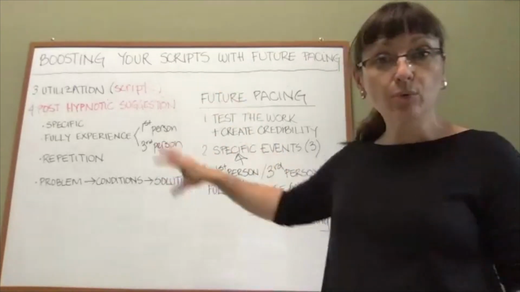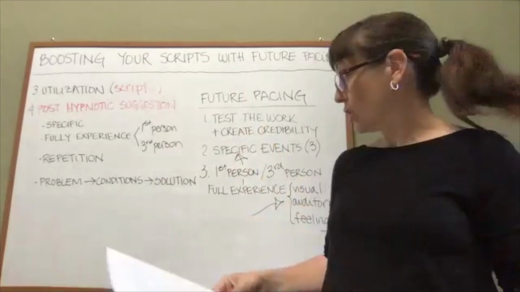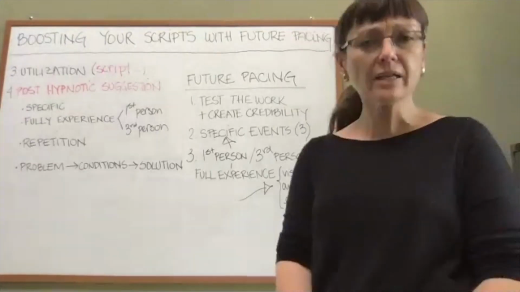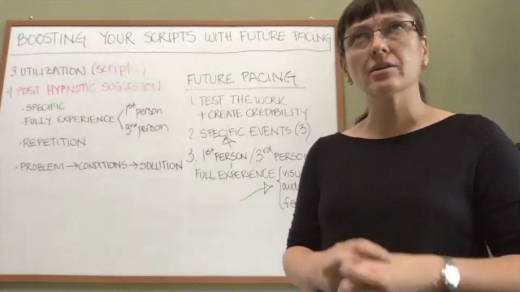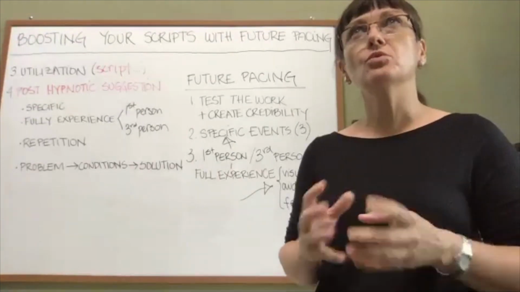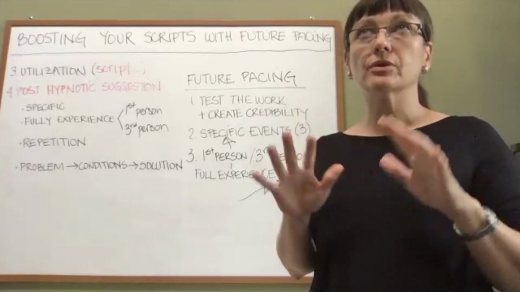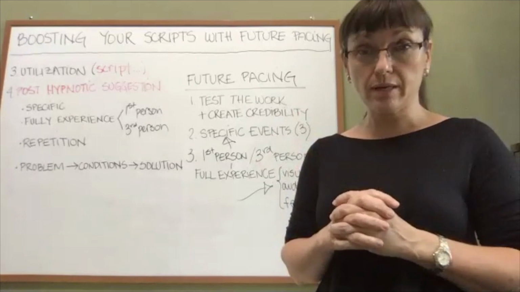So let's see how we bring this all together with our two clients. What I actually suggest is that you close your eyes and just let yourself go into a very gentle trance.